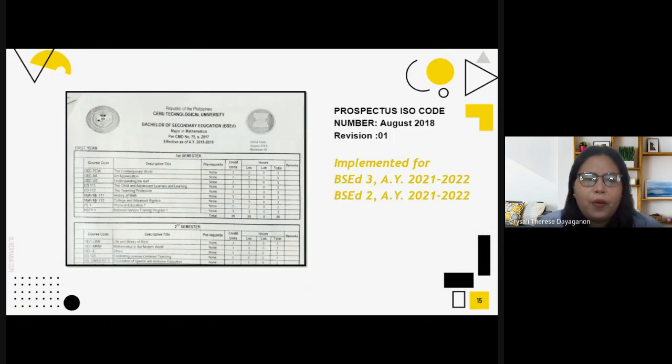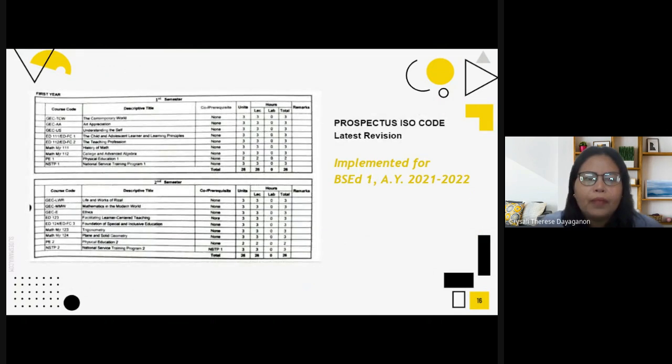And then the second is actually being implemented for the BSEd 3 and BSEd 2, and this is revision zero 1. And lately, we have the new revision, and this is currently implemented for the BSEd-Math 1.